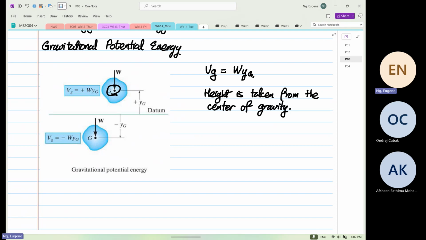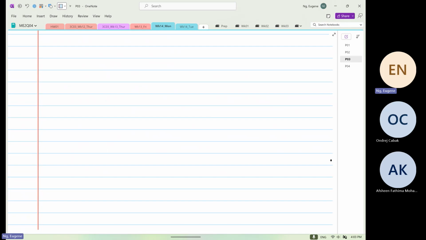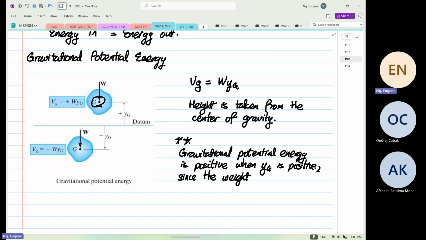Now one thing to take note of is the sign. The important point, I'm going to put a star down here, is the gravitational potential energy is positive when Yg is positive, since the weight has the ability to do positive work.